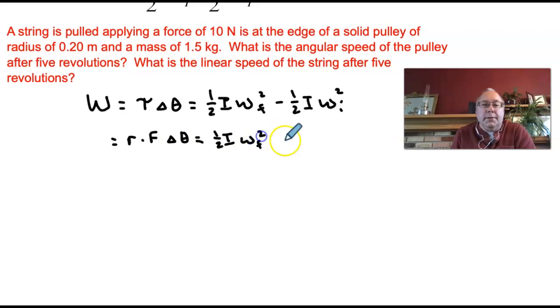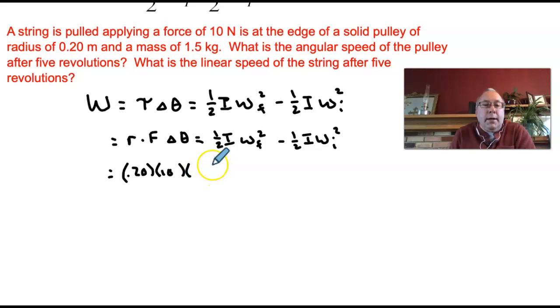I'm just going to continue here, and now substitute in some of the things we know. The solid pulley, where that string is being applied at the edge, has a radius of 0.20 meters, and the string is being pulled with a force of 10 newtons.